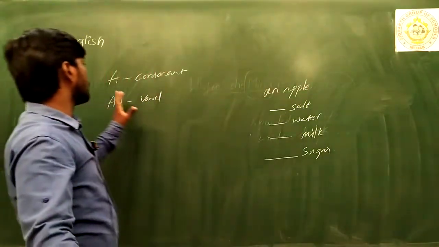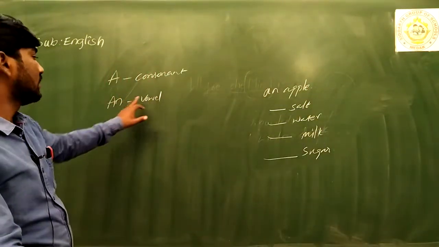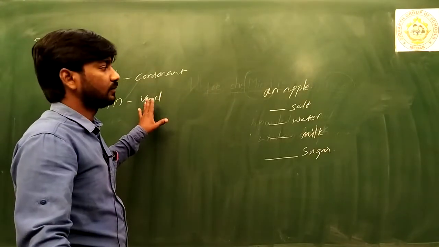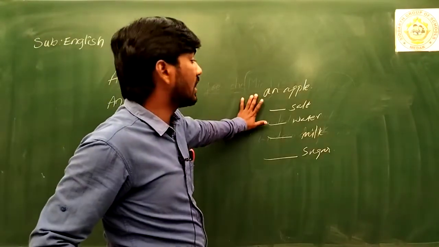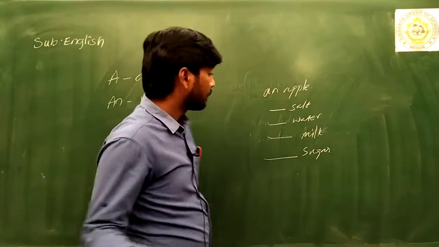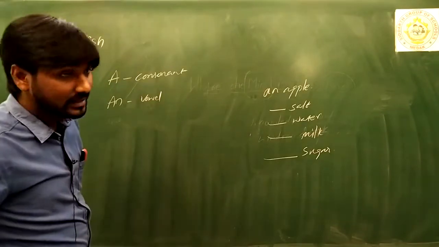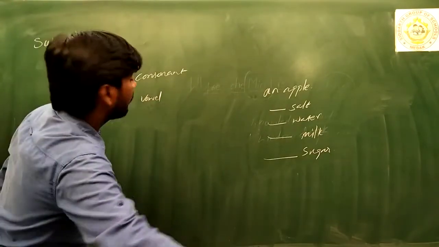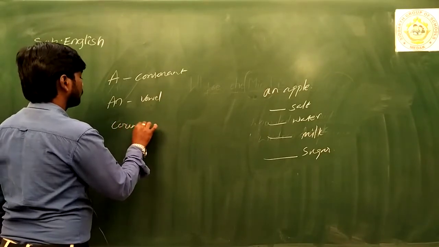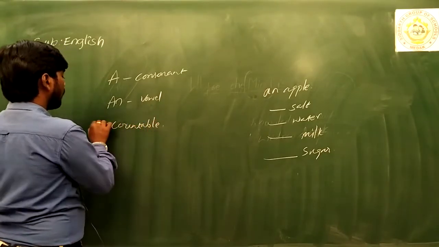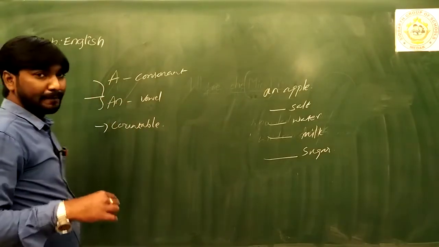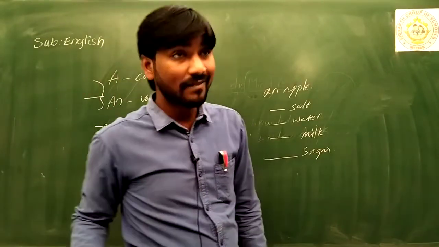So rule number 1: we use a or an before a consonant or a vowel sound. Next, a or an is used only in front of countable nouns. I will write this on this side, it will help you a lot.